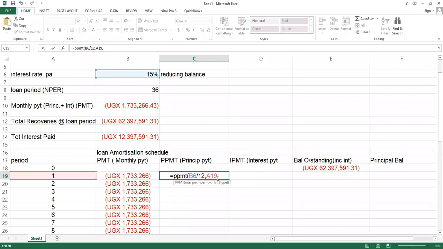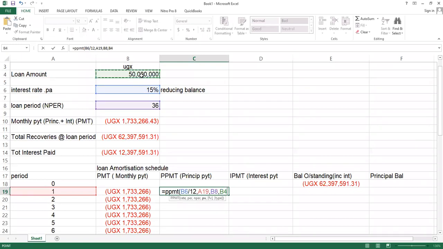Then it is asking for NPER, which is 36, so I click on 36 there. Then a comma. Then it is asking for PV, the present value of the loan amount, which is 50 million. So I click on 50 million, put a comma, future value 0, then I close the bracket.